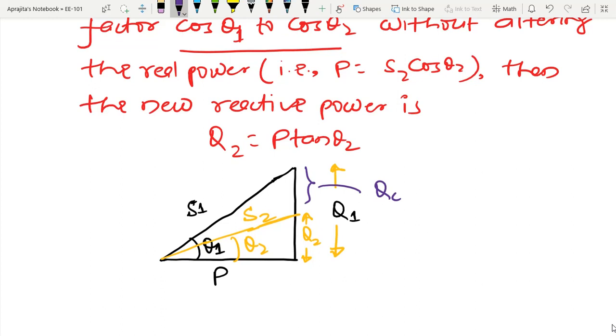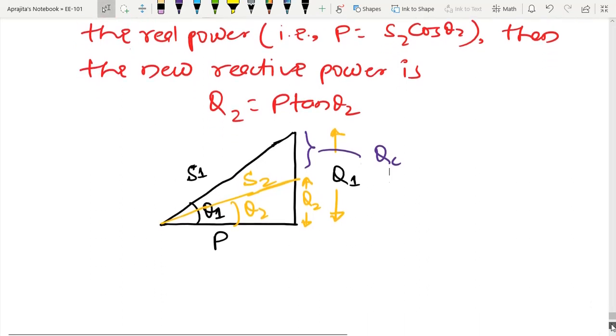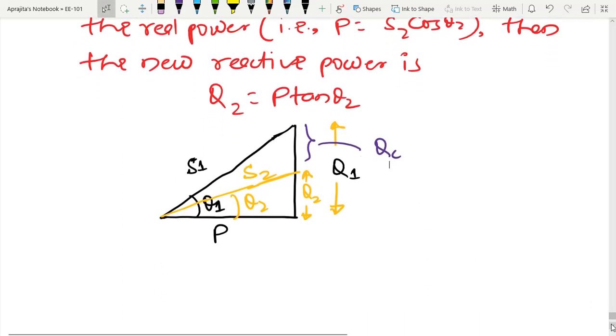So basically this kind of thing comes into the picture due to the addition of the parallel capacitor.